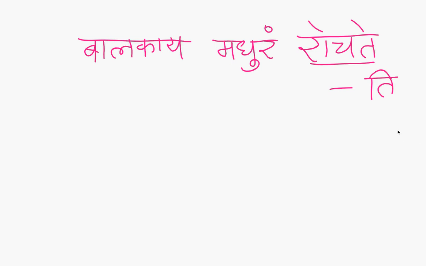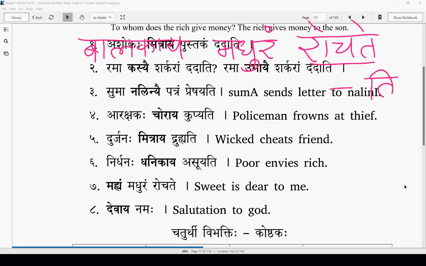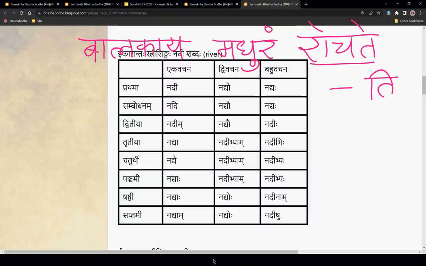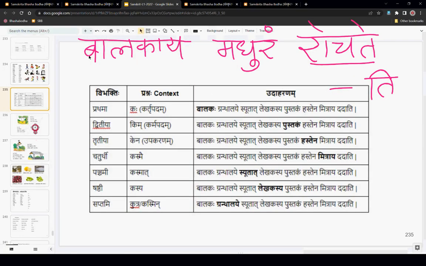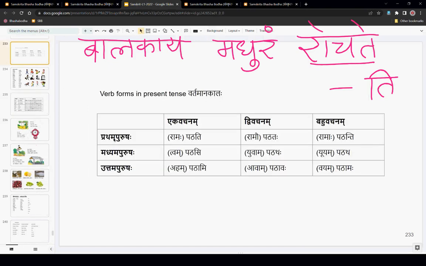So we don't need to look at all the forms of rocha like patati, patata, patanti, etc. But just the singular ekavachana form of prathama purusha. Like if you look at this here, prathama purusha ekavachana, here it is patati. But similarly, this falls into this cell here, prathama purusha ekavachana, but its form is different.